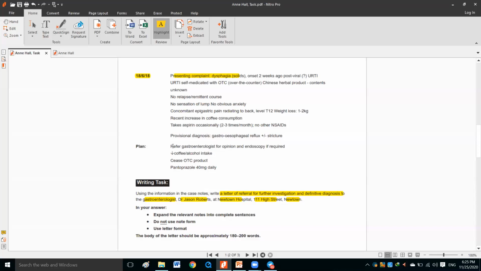And the request, or the purpose of your writing, is to refer to gastroenterologist for opinion and endoscopy if required, and you have to advise your patient to decrease coffee consumption and alcohol intake and to stop the over-the-counter product, and prescribe pantoprazole 40 milligram daily.